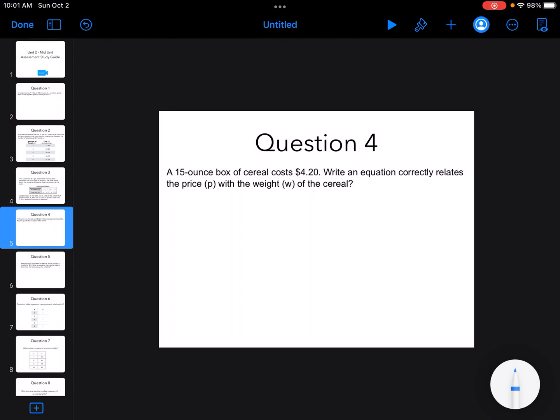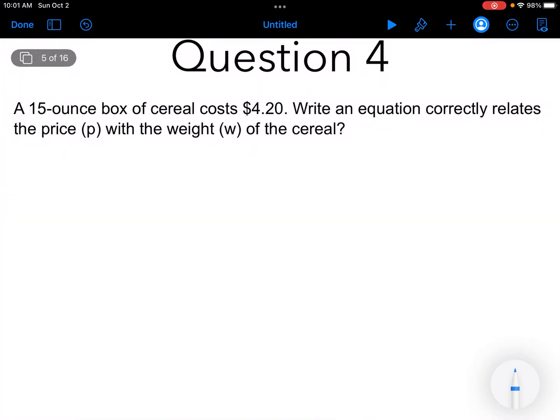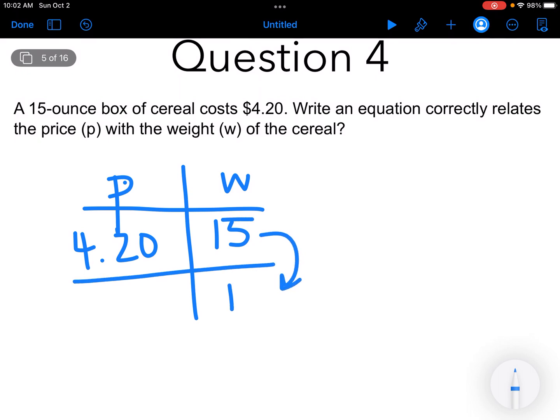A 15-ounce box of cereal costs $4.20. Write an equation that correctly relates the price and the weight of the cereal. So I've got my price and I have my weight. So my price was $4.20 and my weight was 15 ounces. I want to find for 1 ounce, so I'm going to divide by 15.